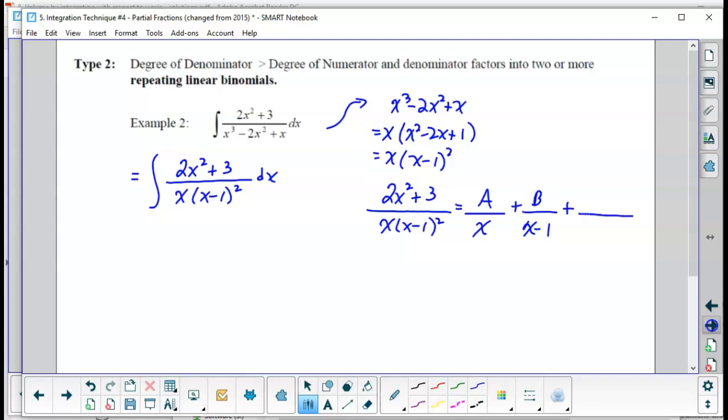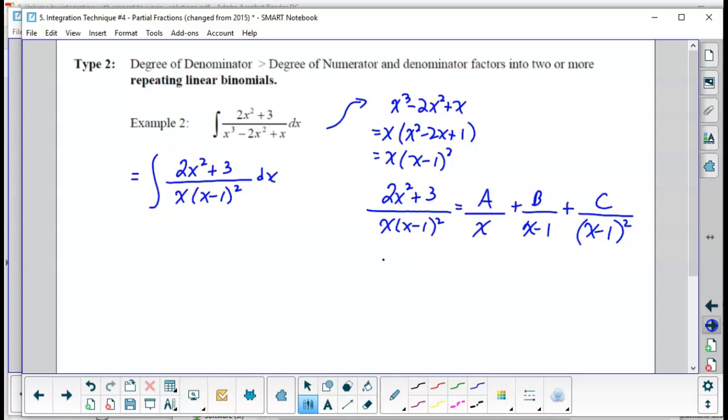But we also have to have it over x minus 1 squared. And you might think, oh, well, that's degree 2, so I should put a degree 1 expression in the numerator. Nope. The actual factor there is degree 1, so we need a constant here. I'm just going to call it c. Okay? So 1 for each of the different factors, and 1 for the repeated together.